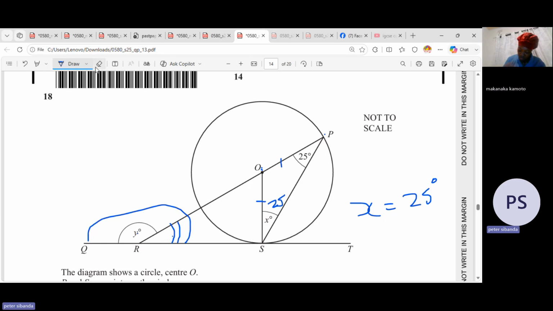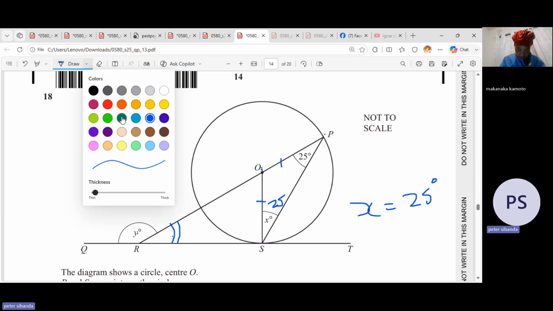So can we find that part? Maybe we can, but for us to find it, we need to consider this as a triangle.